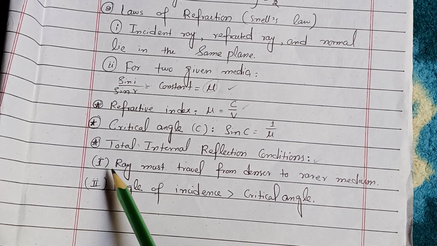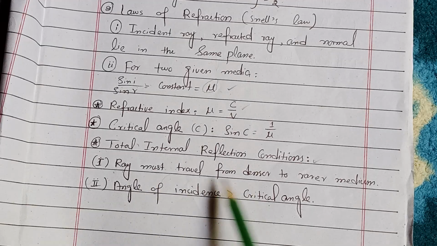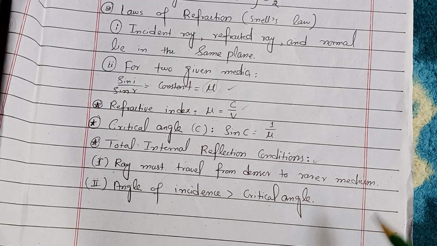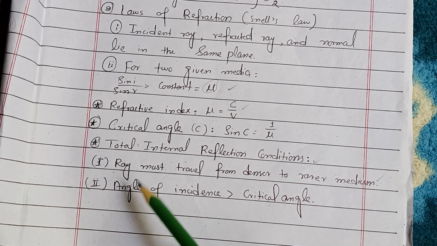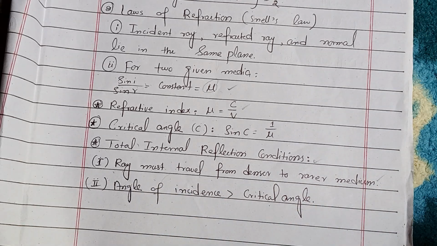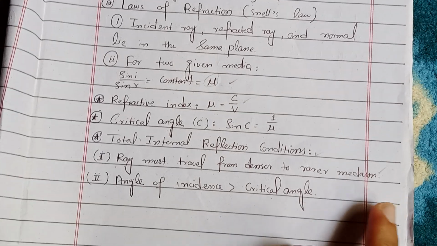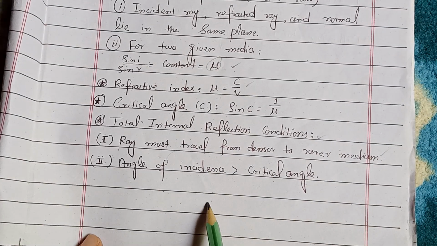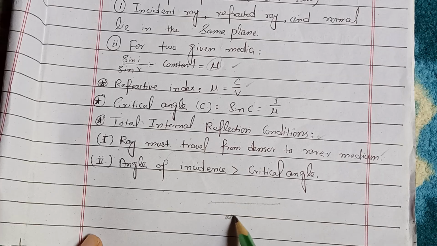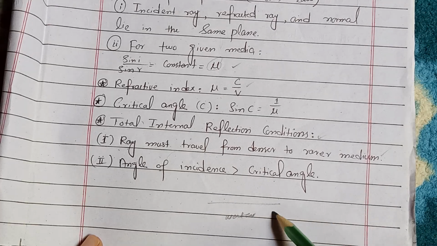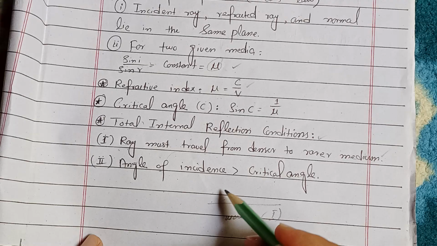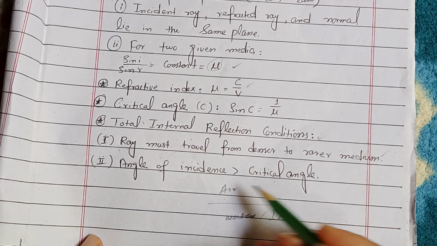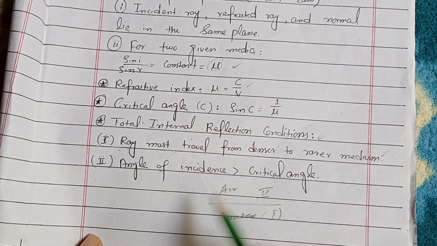The first one is that a ray must travel from a denser to a rarer medium. Let's take an example which will make all this clear. There is water, and that is one medium, and the next is air, the second medium.